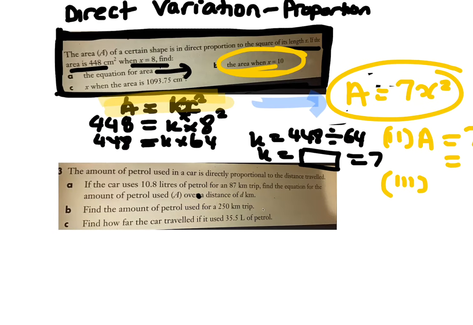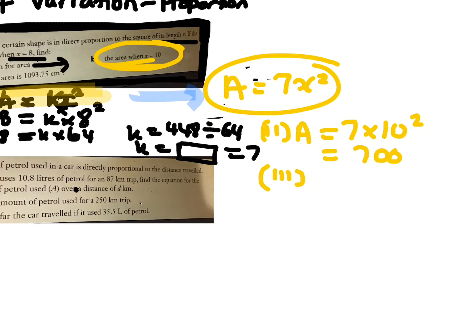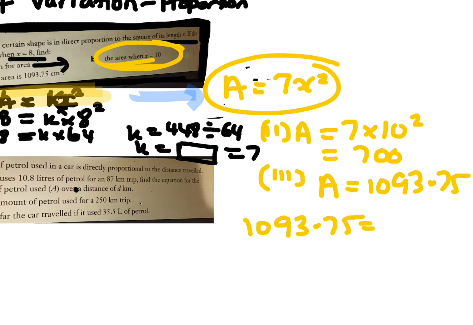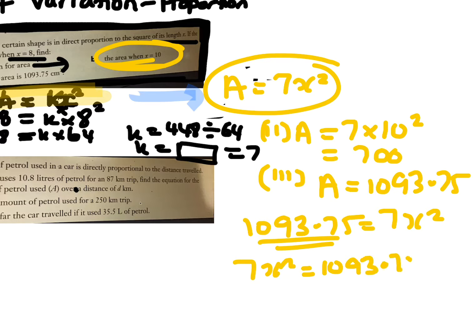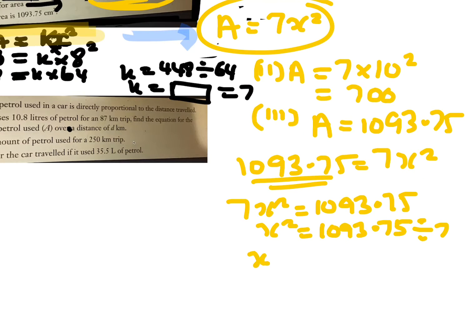And the third one, find x when the area is 1093.75. So 1093.75 equals 7x squared, which you now put in for the area. So 7x squared is 1093.75. So 1093.75 divided by 7, that's what x squared will be.